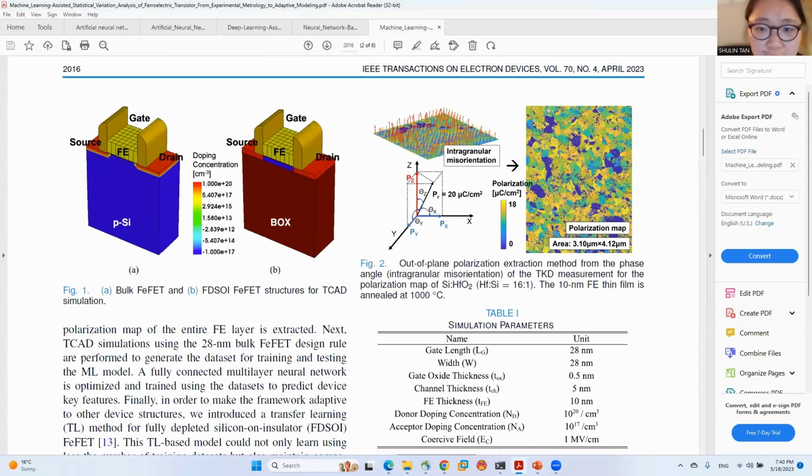If you have different combinations of it, it's very hard. You can have millions of combinations. And TCAD, yes, if you run TCAD in this way, it's going to be very time costly. It could take hours to run just one graph.